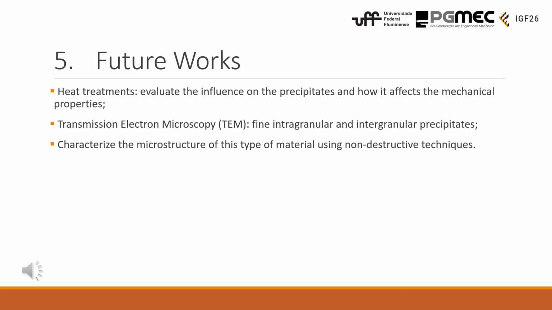And at last, we would like to characterize the microstructure of this material using non-destructive techniques, because we won't always be able to have samples from those structures. So it's really important to characterize it using non-destructive techniques.